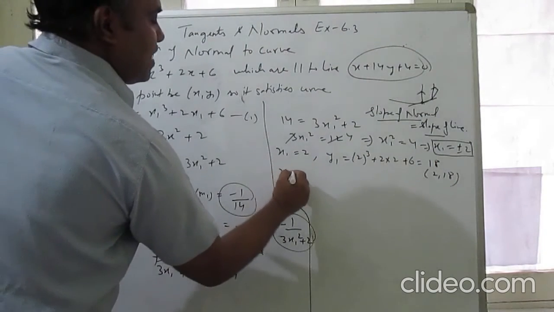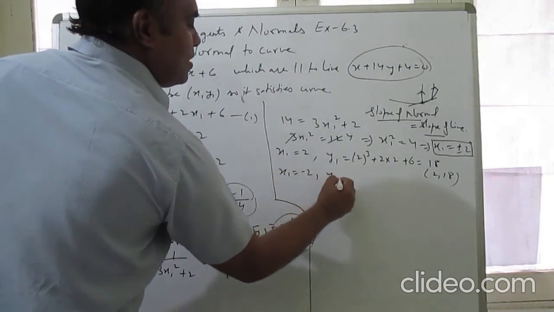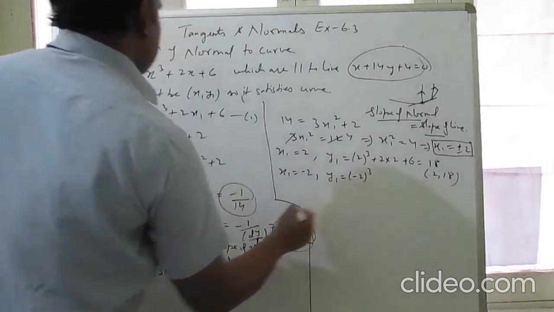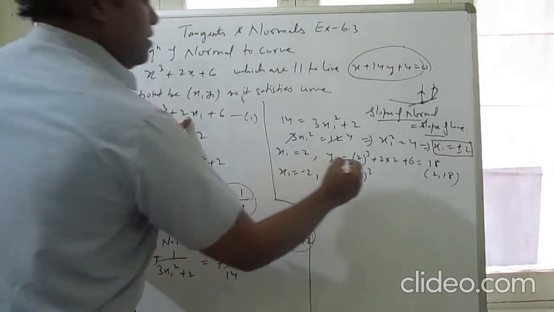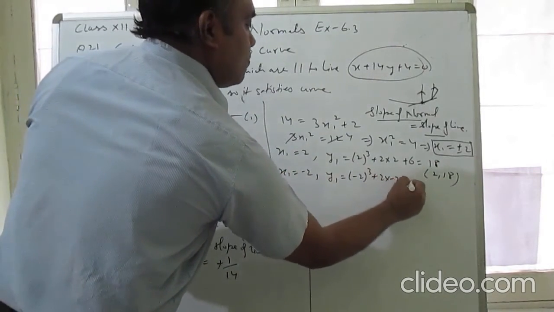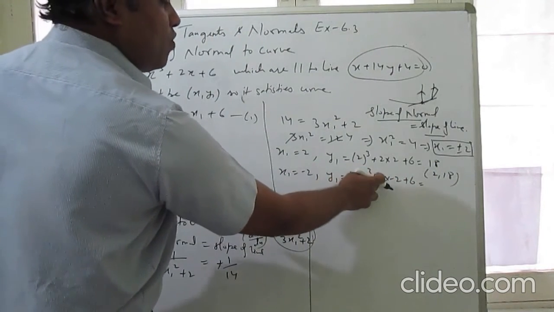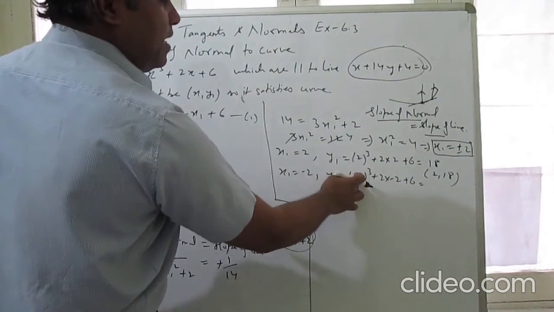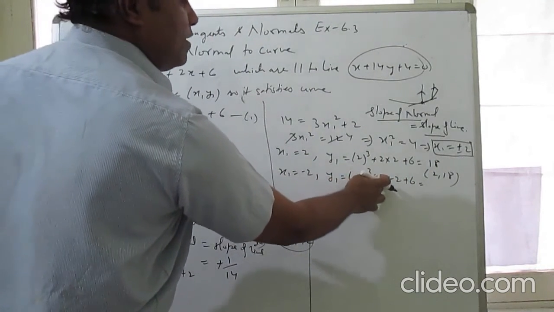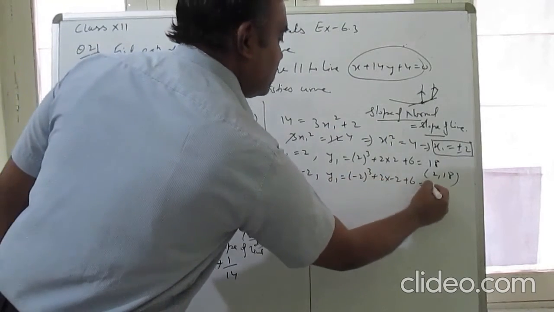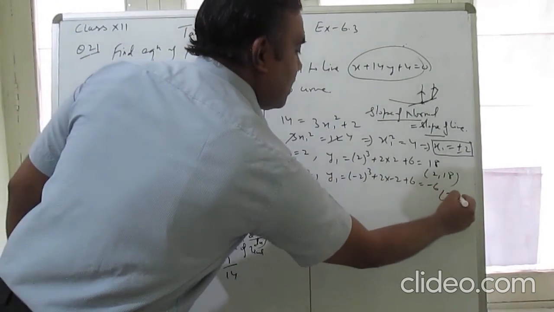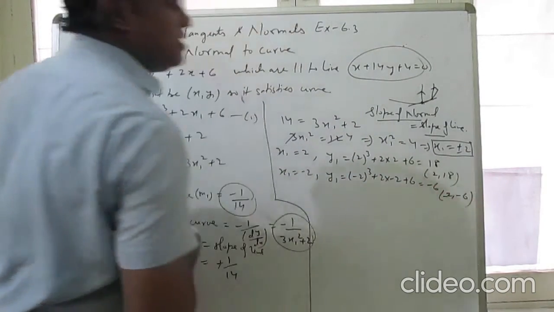Now if I take x1 is equal to minus 2, y1 is equal to minus 2 cube plus 2 into minus 2 plus 6. So it is minus 8 and minus 4, minus 12, plus 6. It is minus 6. So the second point is (minus 2, minus 6).